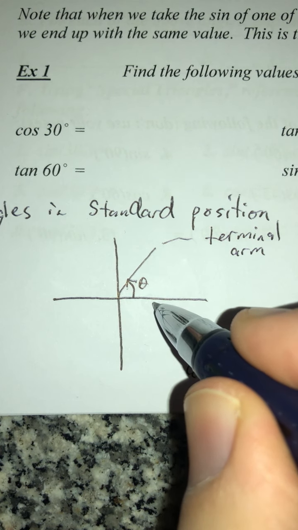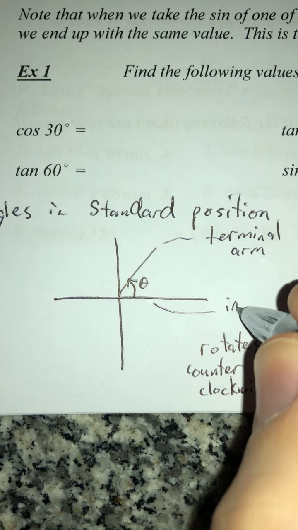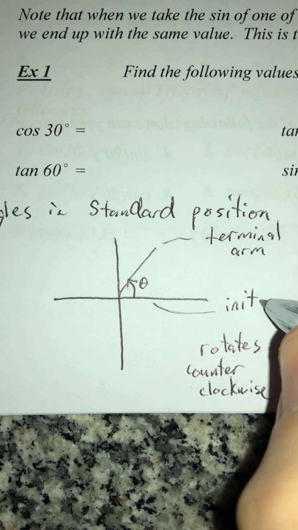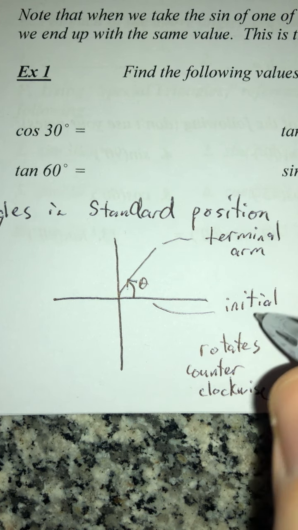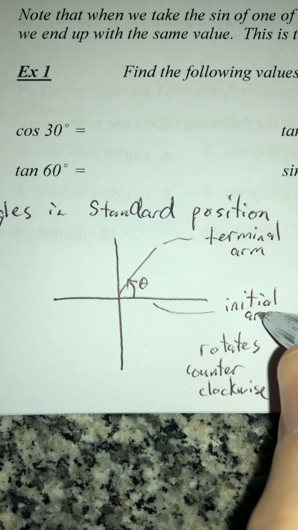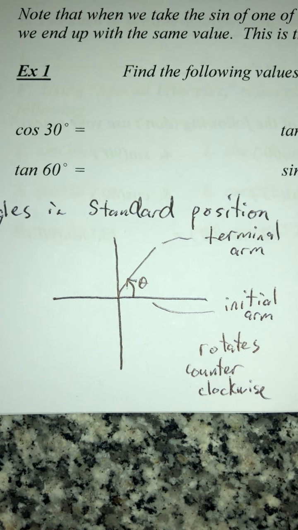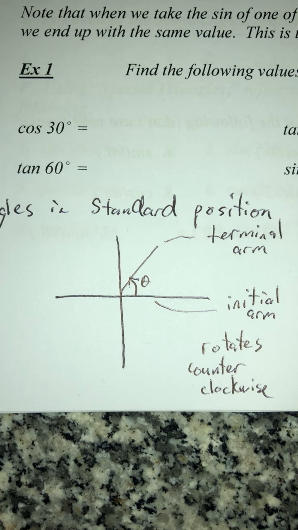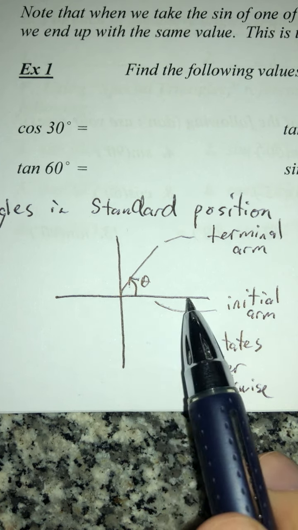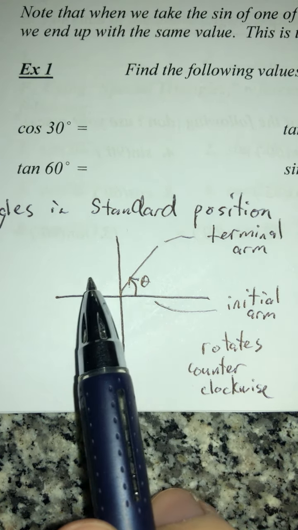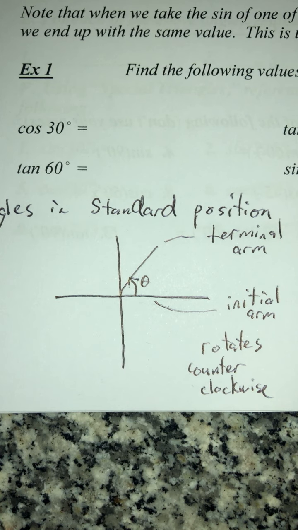And where you start from here, this is what's called the initial arm, because it's initially where you start from. So when you're asked to graph something like this, you need to start from the positive x-axis and rotate counterclockwise until you reach where your angle is.